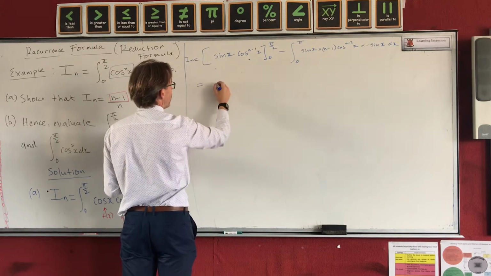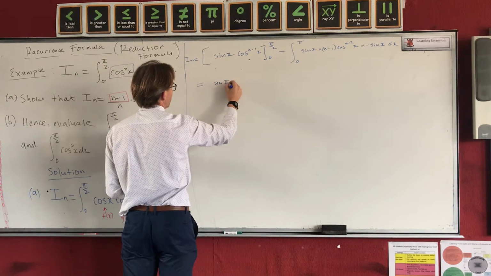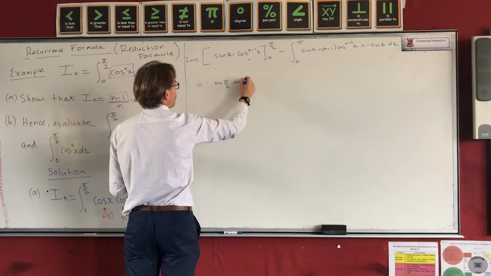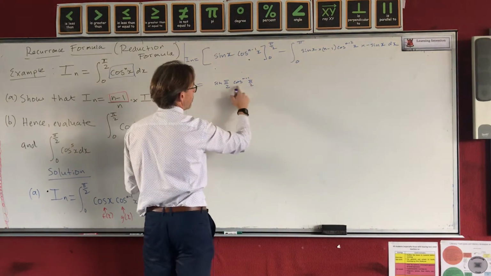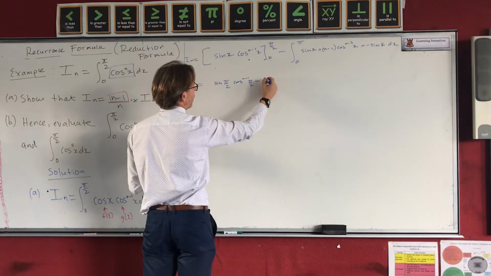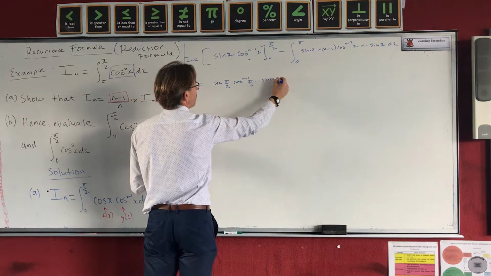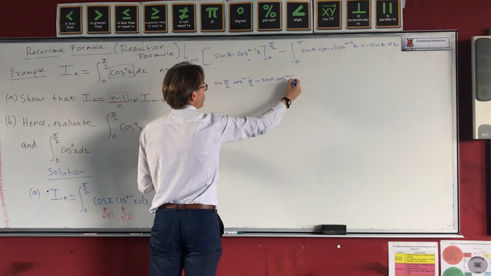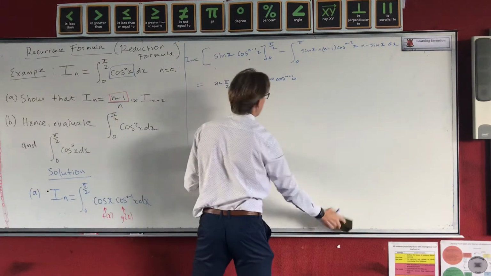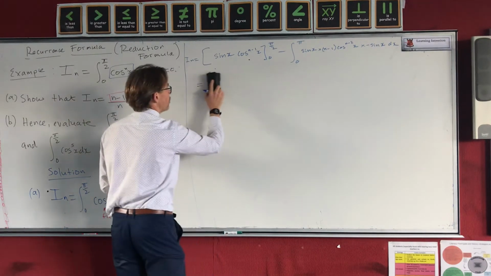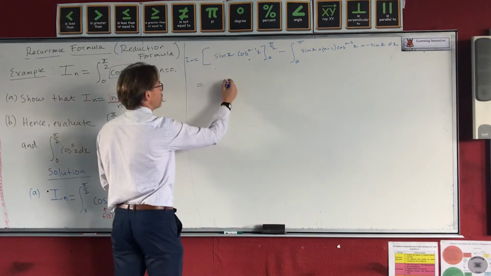So if you put pi on 2 in there, you're going to get sine pi on 2 times cosine n minus 1 of pi on 2. Now that's going to be 0. Take away sine of 0 times cosine n minus 1 of 0. So all of this is going to go to 0. So just for simplicity's sake, I'm going to put a 0 there.